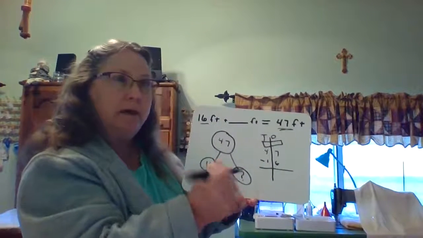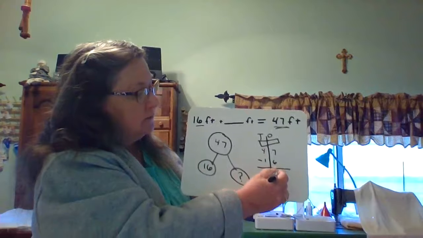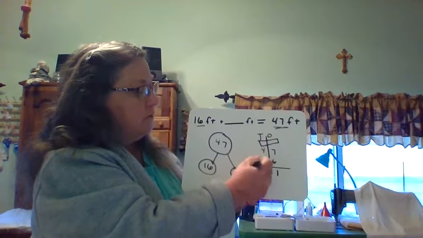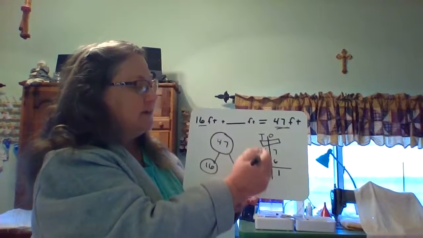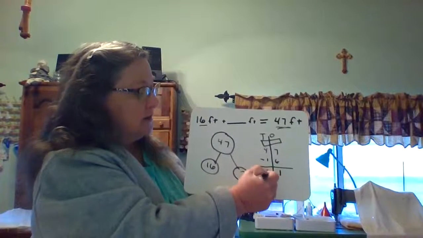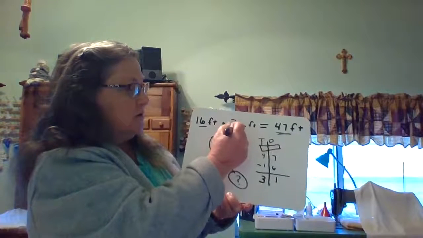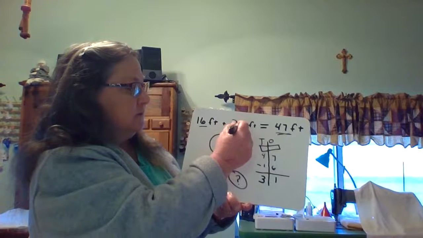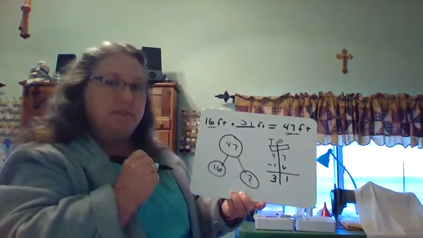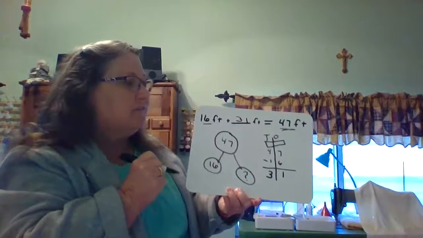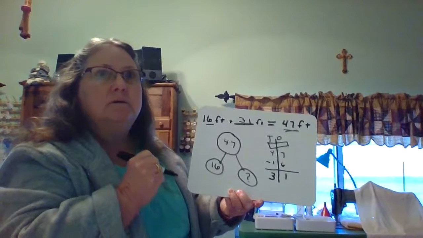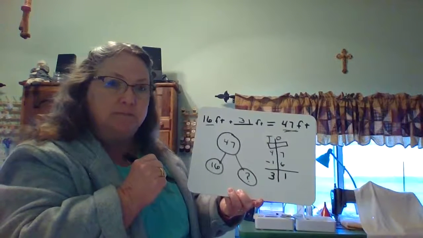Yep, I can do that. I don't have to go get a friend. That's 1. 4 minus 1 is 3. So we know that this answer goes here. 16 feet plus 31 feet equal 47 feet.